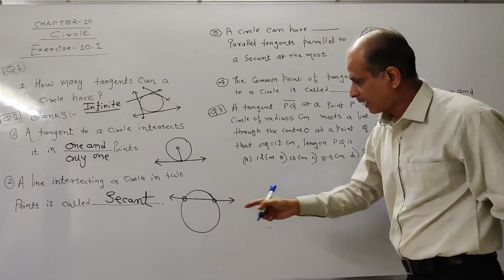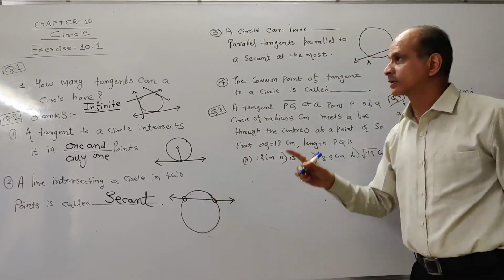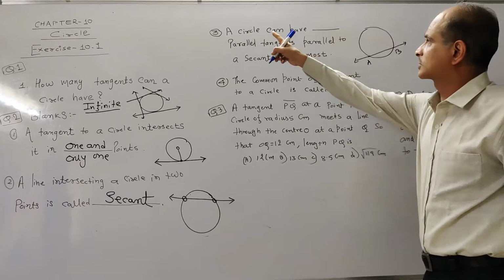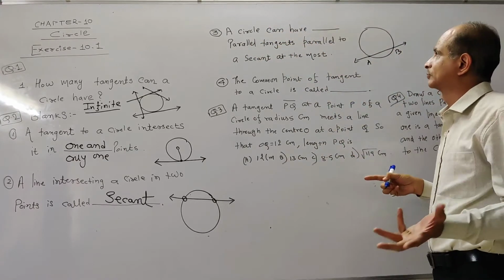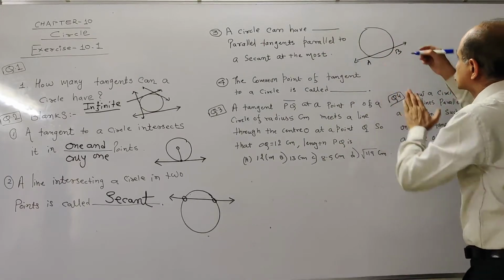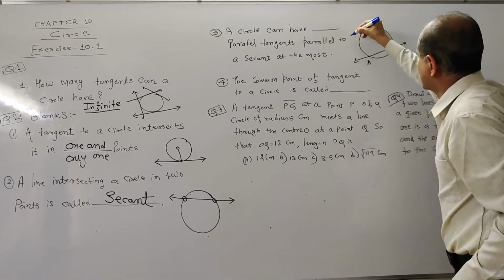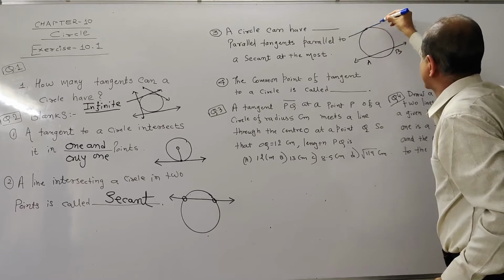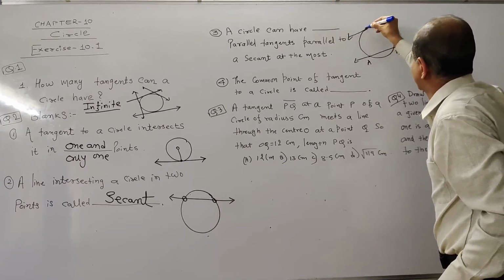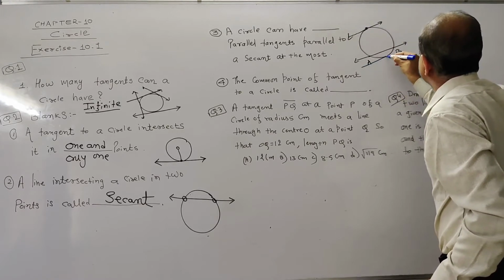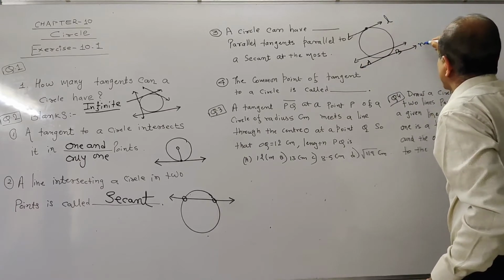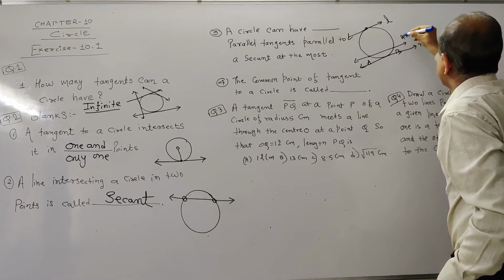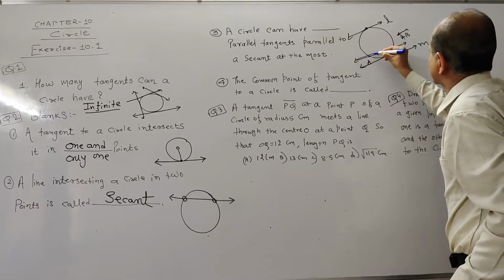A secant is a line which intersects the circle in 2 distinct points. Here your question is how many parallel tangents a circle can have parallel to the secant. So we can draw 2 tangents. This is one which intersects the circle at one point. Here you can also draw this tangent. So this is L, this is M, and line AB is given to you, that is your secant.